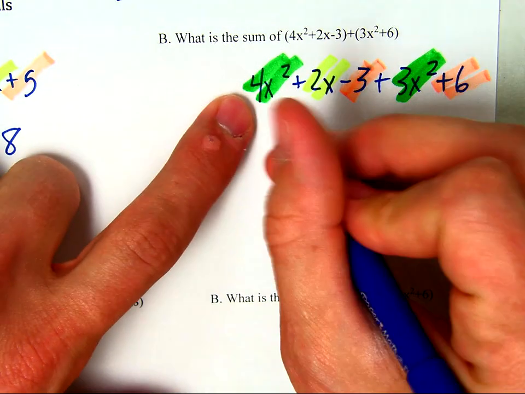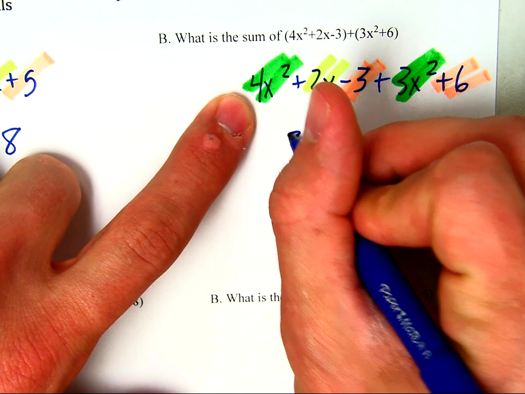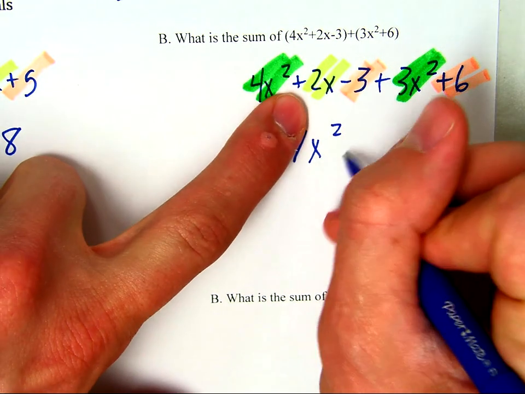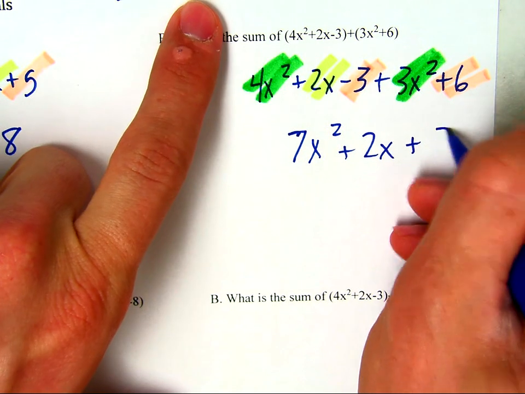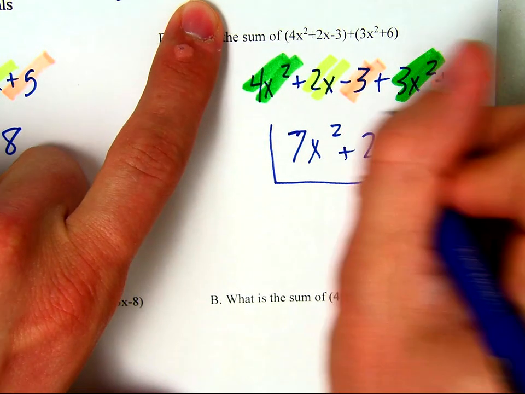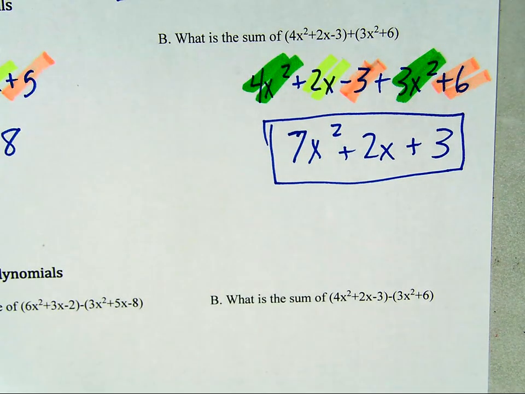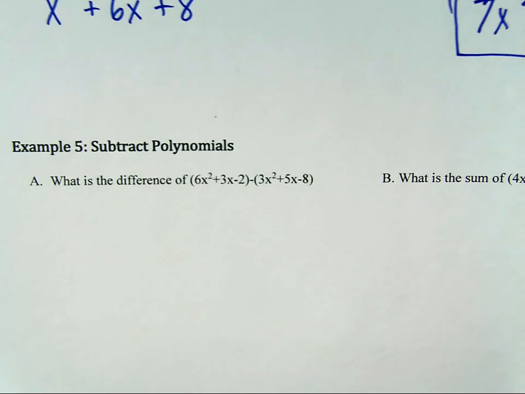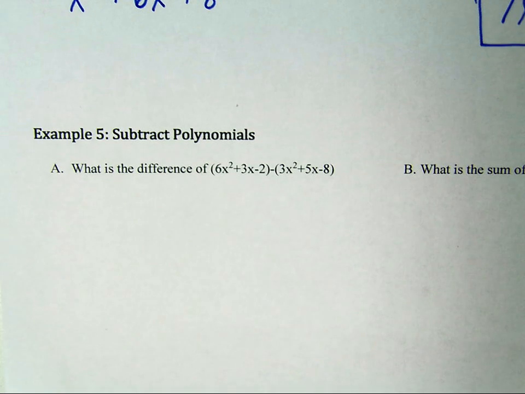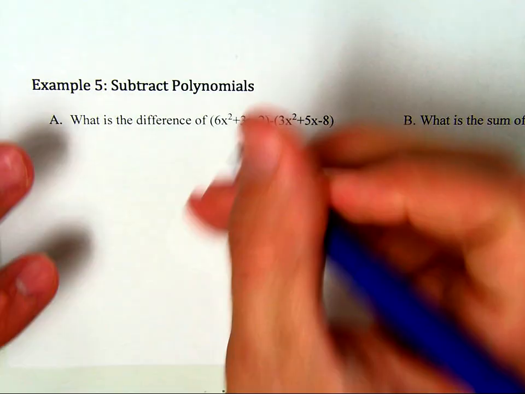And then my constants. So we combine the x squareds, 4 and 3. It becomes 7x squared. This is plus 2x. And then negative 3 and 6 becomes a positive 3. And the last one, example 5.